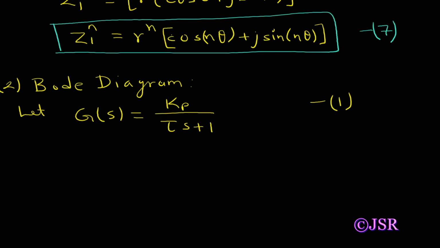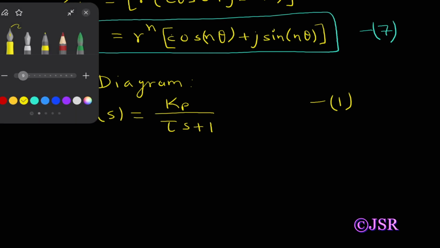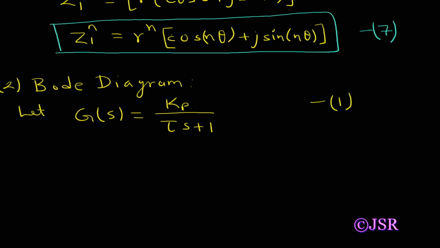So to find out the amplitude ratio, first we need to put s equal to j omega into equation 1.